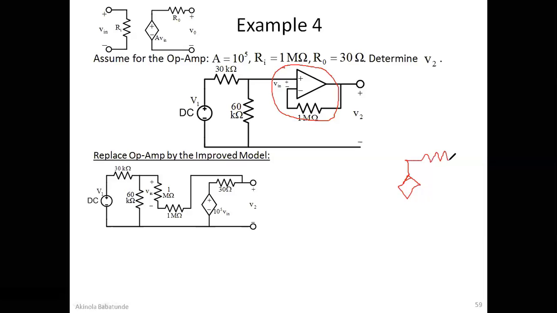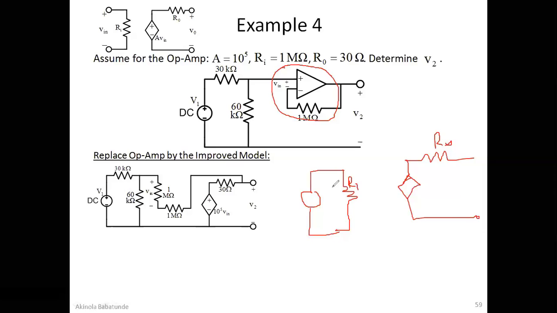This is going to be your R_o. And then you have another terminal here, and from there you're going to have something here. This is going to represent your R_i, and then this is going to go this way to your DC source here, and then this is going to go this way.